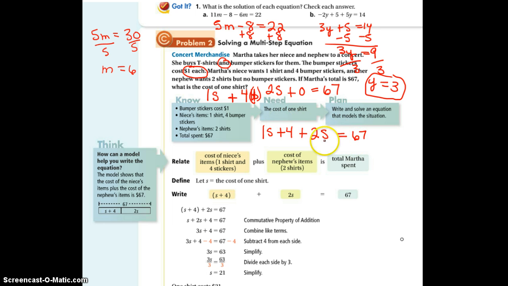So if we commute this around, combine like terms, we get 3s plus 4 equals 67. So now it's just a matter of subtracting the 4 from both sides and then dividing by 3.